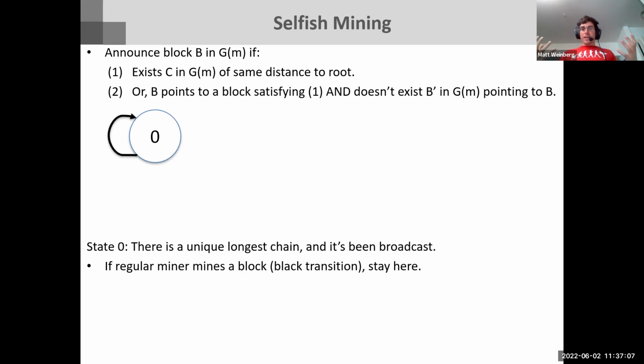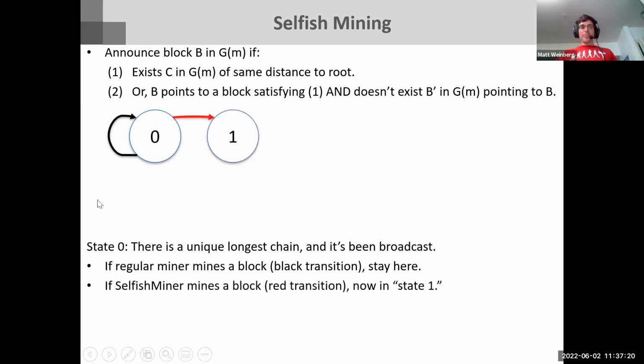If an honest miner creates a block, then they broadcast it immediately, and we still have a unique longest chain. The selfish miner has nothing hidden. So I'm drawing this as a transition to say we're staying in state 0. If the attacker mines a block, then now they have 1 hidden block because they choose to hide this block. So I'm going to refer to the state we're now in as state 1.